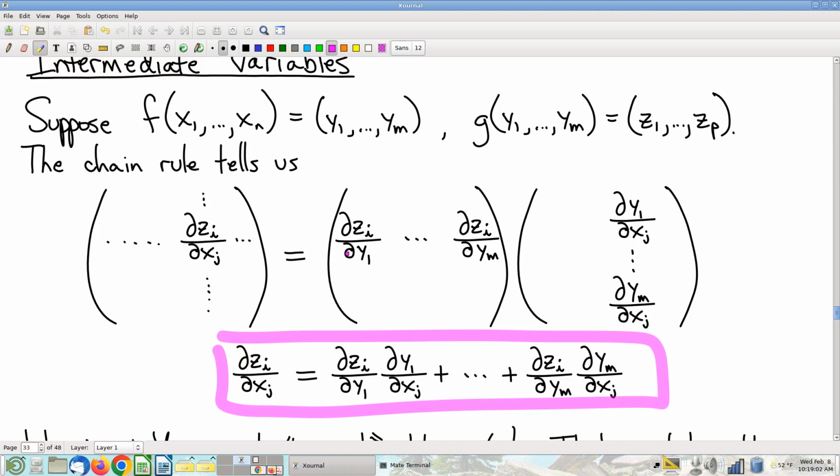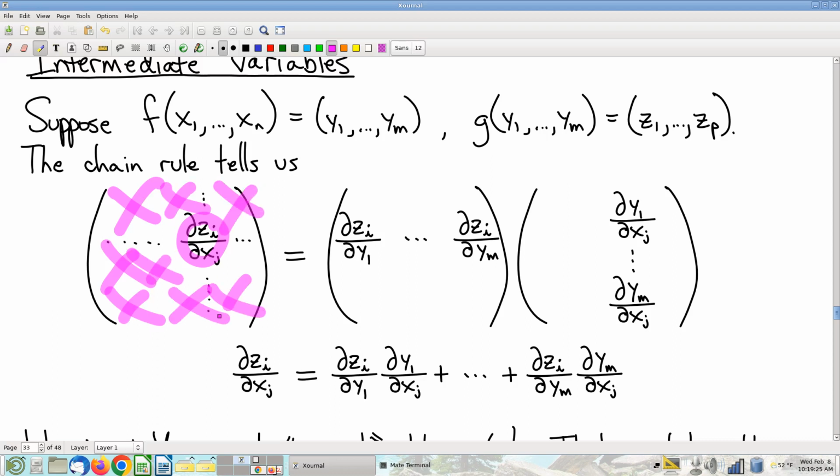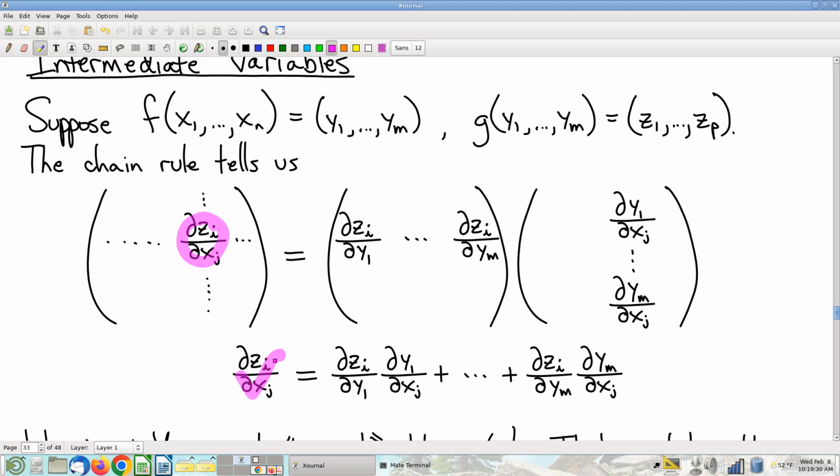I mean, this could not be easier. So this one is bulkier and longer, and there's lots of subscripts and stuff, and it's kind of annoying. What's good about it is that if it should happen to be that all you actually need is one partial derivative, if that's all you're interested in, just the one, and I don't care about any of this stuff over here, I don't need to know all of those parts, then this gives you that one partial derivative, and you don't have to compute a bunch of partial derivatives around here that aren't relevant to this specific calculation.